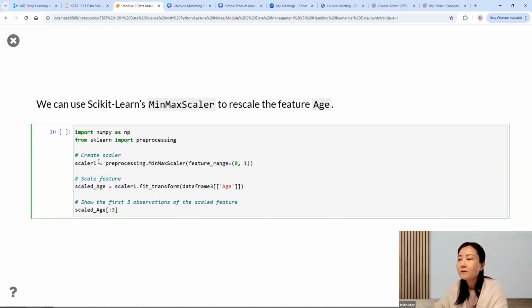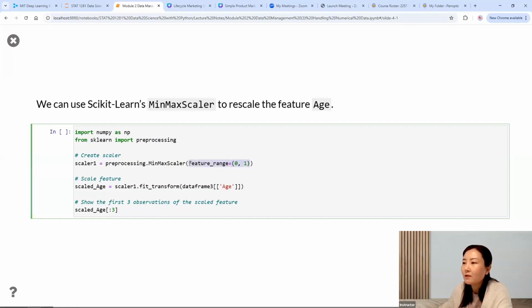And then we first create a scaler, or you can say we instantiate a scaler. Instantiating means create some method or object with some parameters specified. So let's create a scaler. Use the min-max scaler function and specify the range. Feature range is 0, 1.